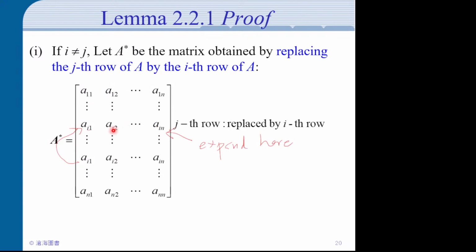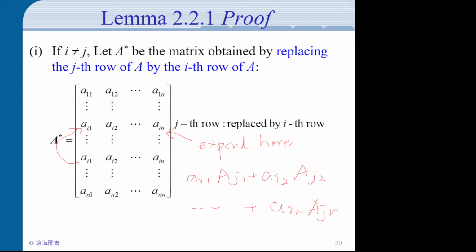So let's write this once again. You expand here, then you actually get a_i1 times big A_j1 plus a_i2 times big A_j2 plus ... plus a_in big A_jn.